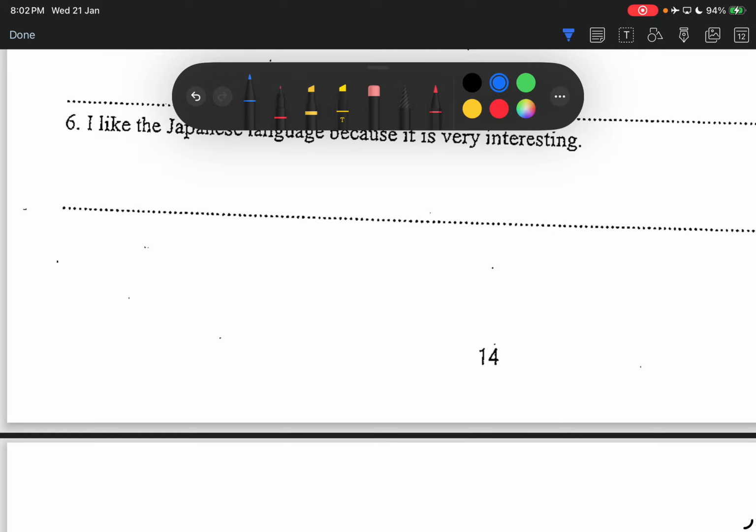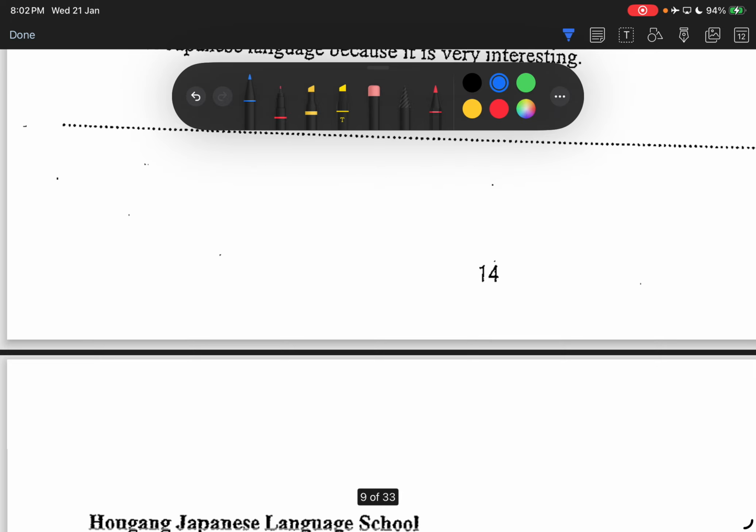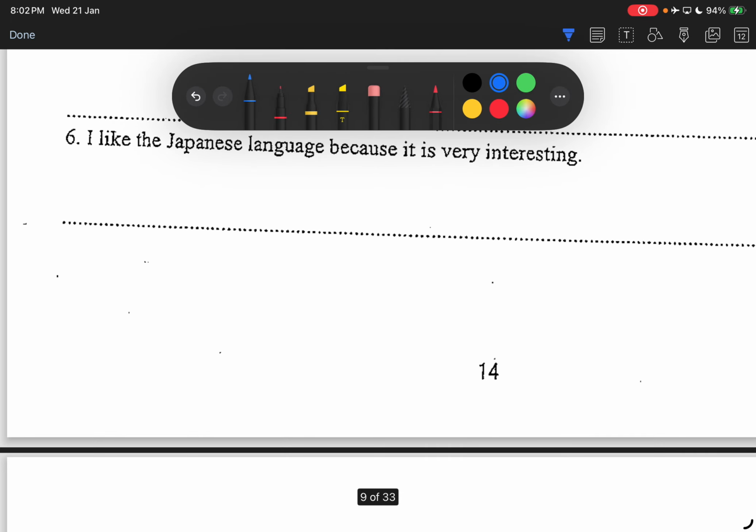I don't know why we only learned it just now. So when we say A kara B desu, it simply means because of A, that's why B.